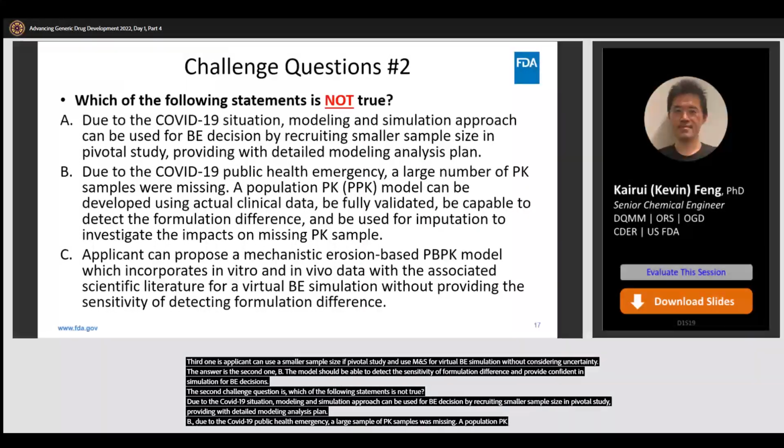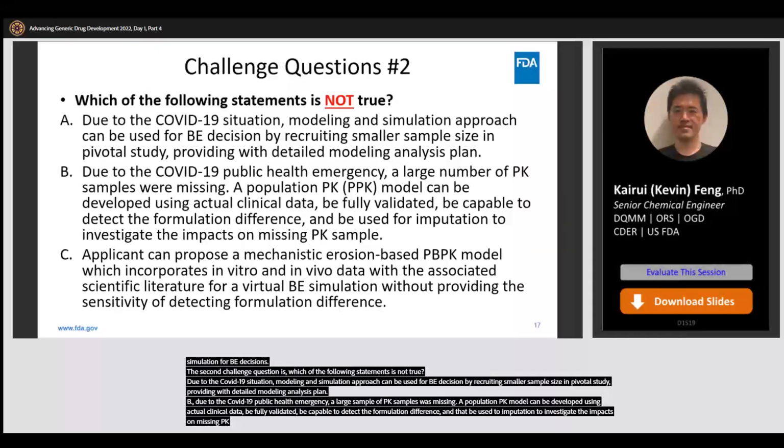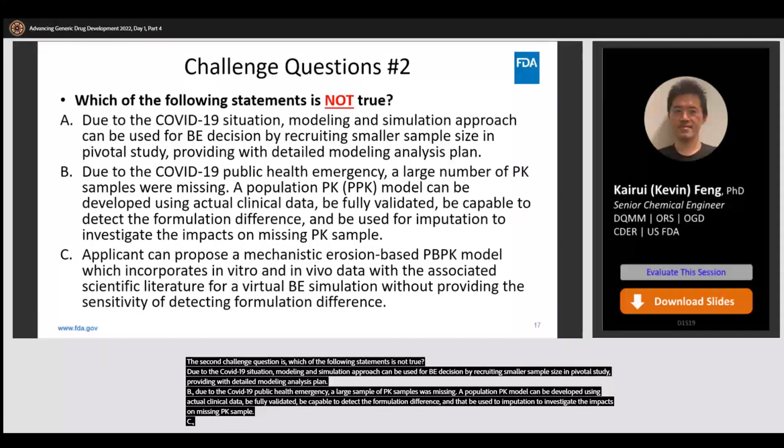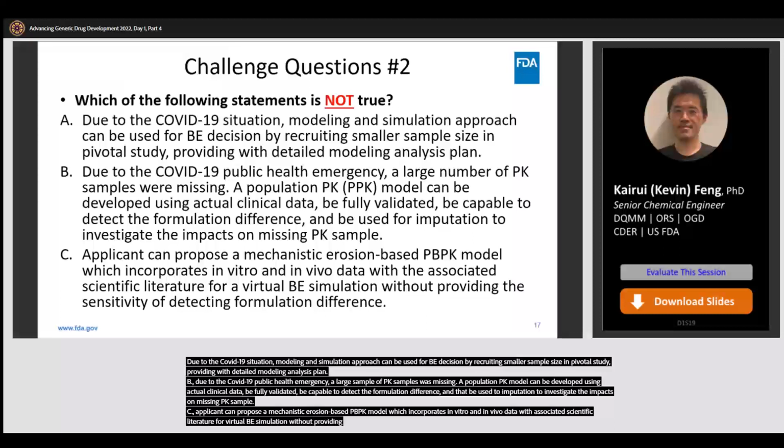The fully validated model is capable of detecting the formulation difference and can be used for imputation to investigate the impacts of missing PK samples. C, applicant can propose a mechanistic absorption-based PK model which incorporates in vitro and in vivo data with the associated scientific literature for a virtual BE simulation without providing the sensitivity of detecting formulation difference.